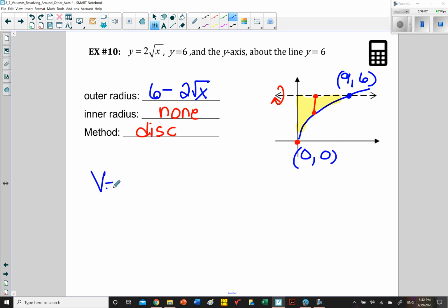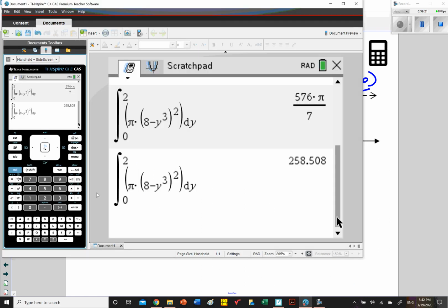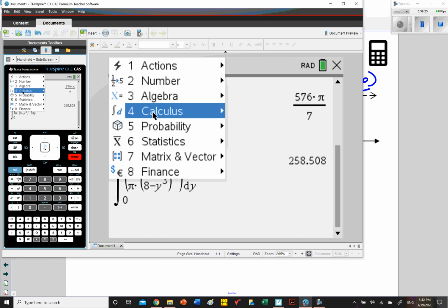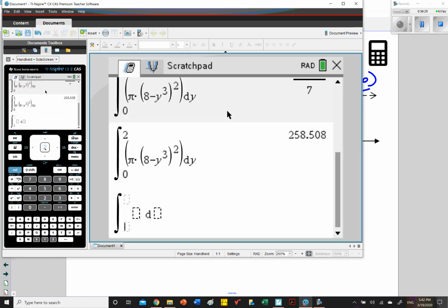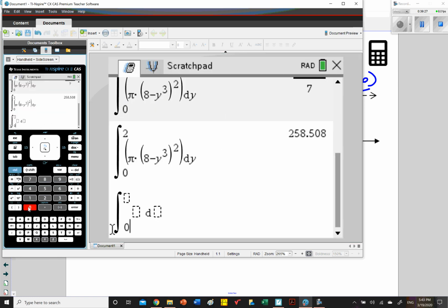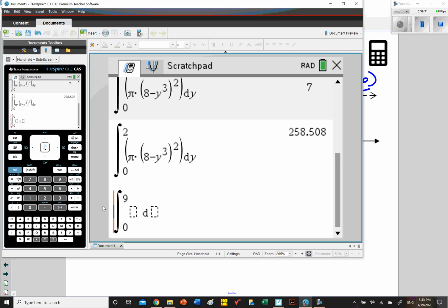The volume is pi from 0 to 9 of 6 minus 2 square roots of x squared dx. And our calculus integral goes from 0 to 9. We got a pi.